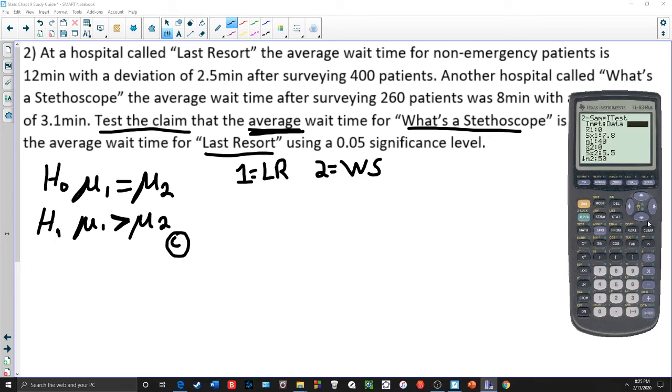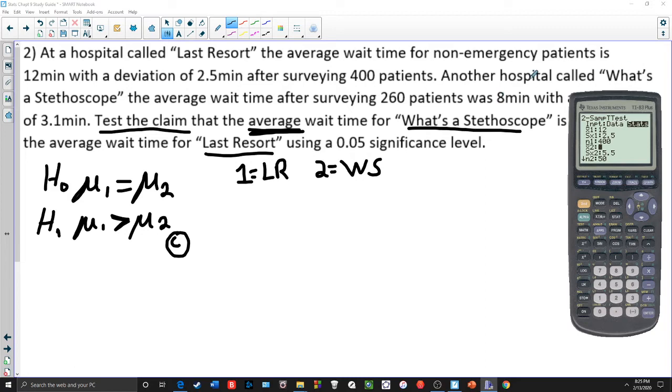And then we're going to enter our data, or in this case, our stats. Remember, Last Resort is 1. Last Resort has an average wait time of 12. It has a deviation of 2.5, and a total sample size of 400.